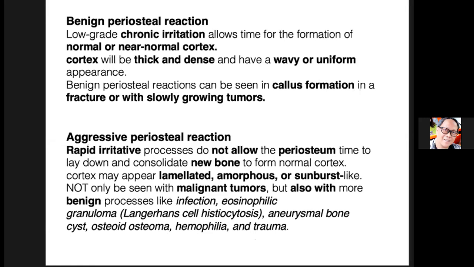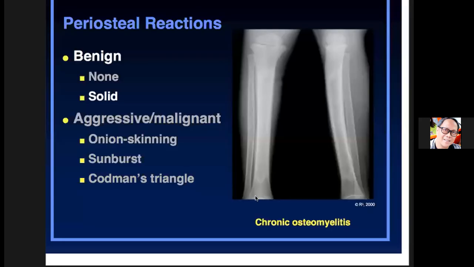So mind you, these benign conditions can also appear with aggressive periosteal reaction. Where is the periosteal reaction here? This is a solid periosteal reaction. If you look at this tibia, it appears more sclerotic, and the cortex appears more opaque. If you look very closely, there is a lifting of the cortex in this region here. Can you see where I'm pointing, everyone?